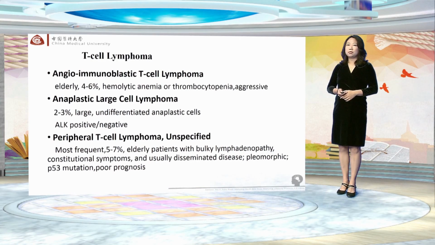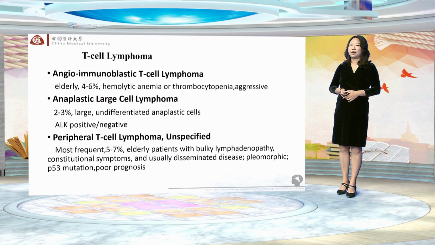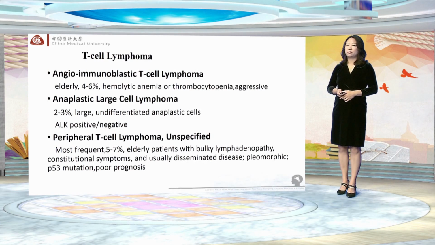The most common T cell lymphomas are listed here. The first one is the immunoblastic T cell lymphoma. It is a disease of the elderly, accounting for 4 to 6% of all lymphomas. Patients present with generalized lymphadenopathy, hepatosplenomegaly, skin rashes, arthritis, pleural effusions, and constitutional symptoms.